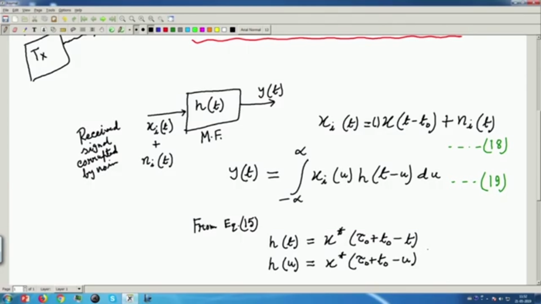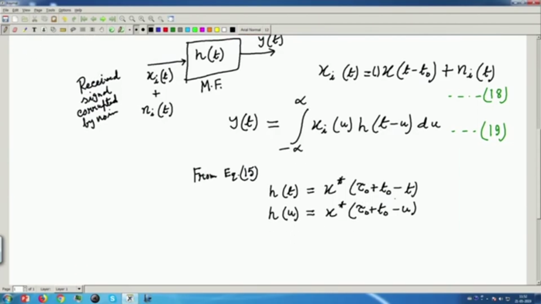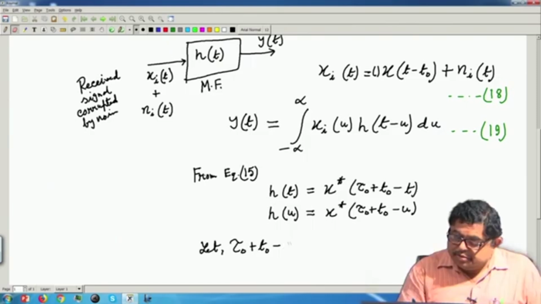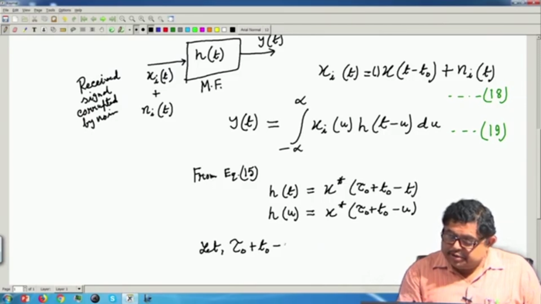Then let us make a substitution for understanding, otherwise those who can do it may do so directly. Let z equal tau naught plus T naught minus u.